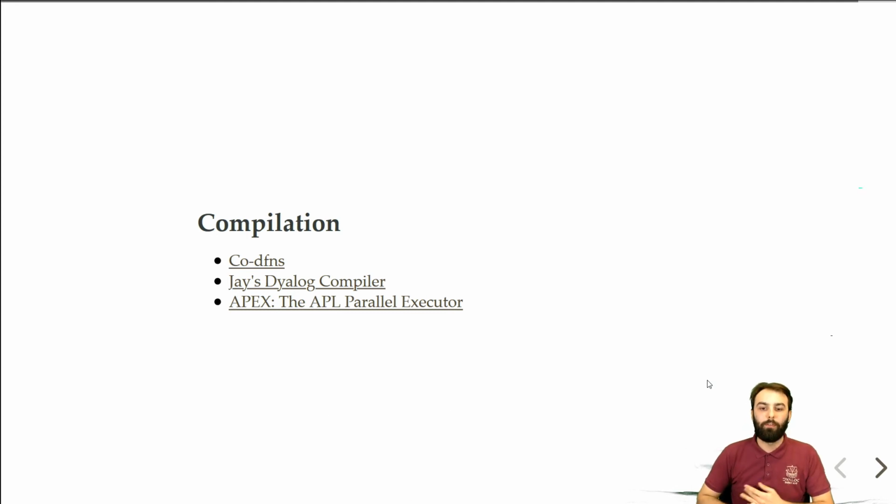There's Aaron Hsu's Co-dfns compiler, Jay's Dyalog compiler, which you can find in the Dyalog help, Robert Bernecky's APEX APL parallel executor, and these I hope to explore more in the future.